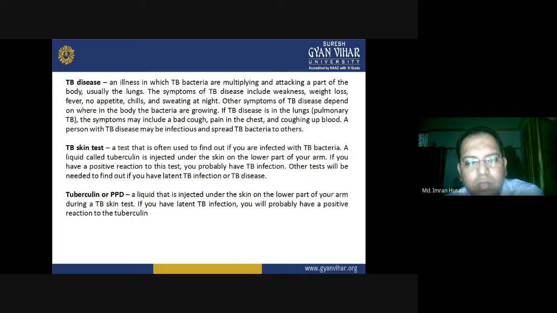More tests will be needed to find out if you have latent infection or TB disease. Tuberculin PPD, a liquid that is injected under the skin on the lower part of your arm during a TB skin test. If you have latent TB infection, you will probably have a positive reaction to tuberculin.